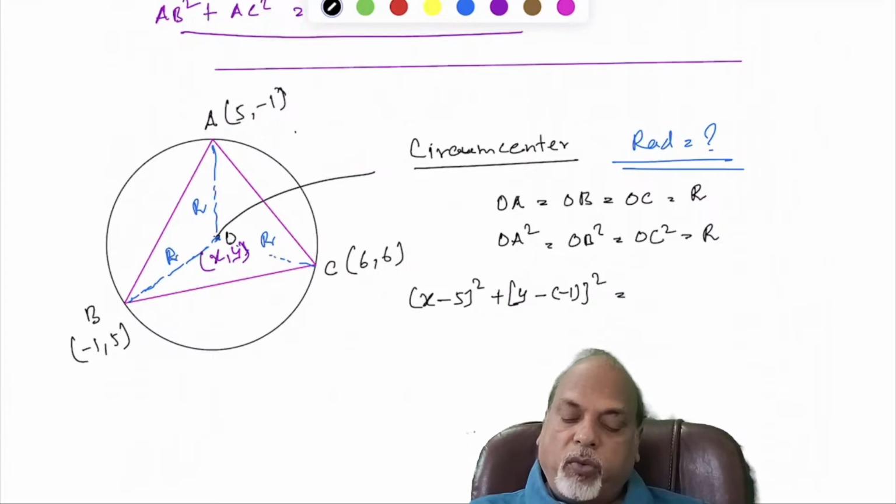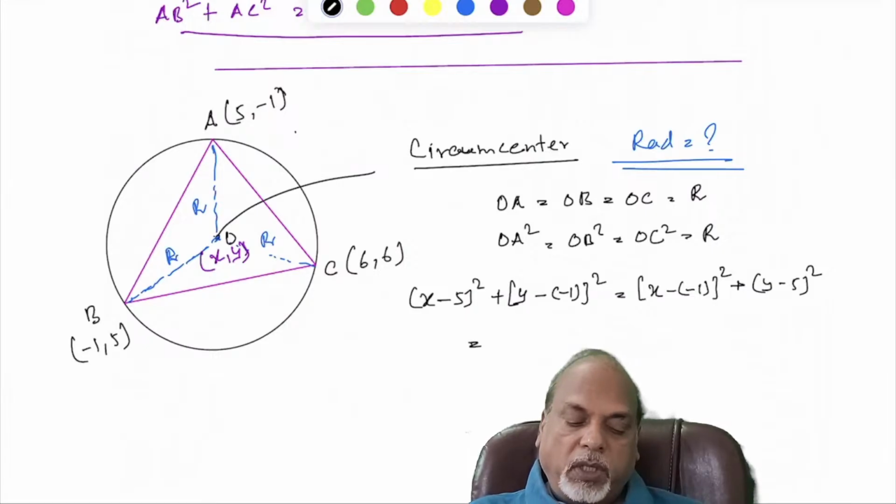What is OB square? OB square is nothing but your x minus -1 square plus y minus 5 square.